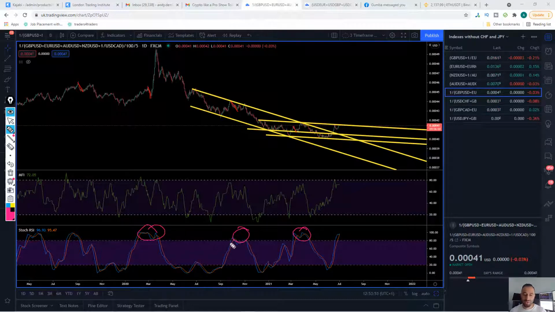The big move happened on the second part of that pattern, the right hand side.